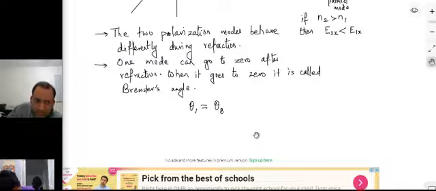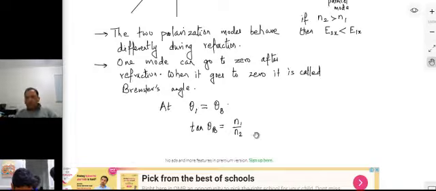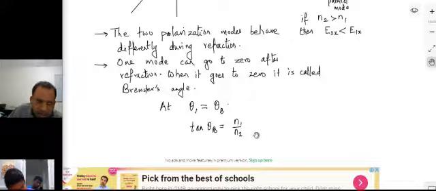At that point, tangent theta b is exactly equal to n1 over n2. If this condition is satisfied, there is no refraction at this angle.